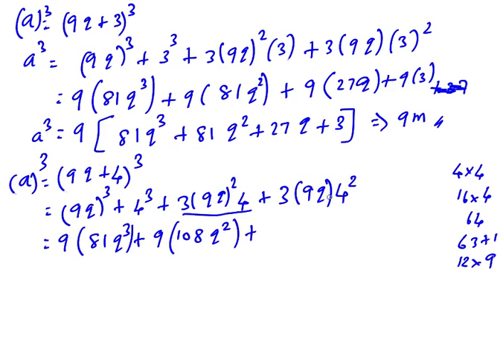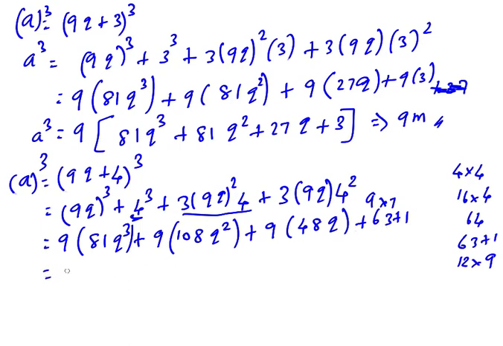Plus, in this term also we can take 1 9 outside. 1 9 if we take, 4 4s are 16, 16 3s are 48 q. So the remaining will be this non-9 term. 4 cube we can write as 63 plus 1. The 63 is a multiple of 7 only, 9 7s are 63. The 63 we can write as 9 times 7. So the first, second, third, fourth, 4 terms have 9.